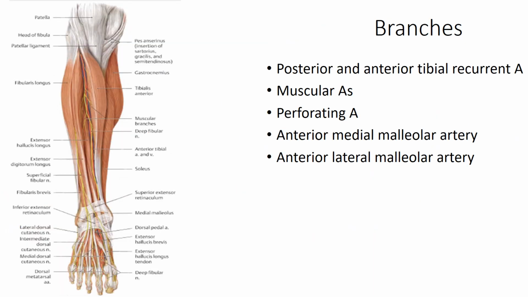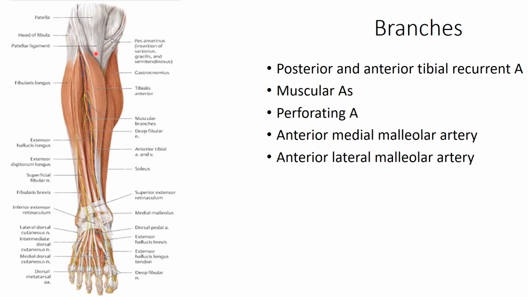Now the branches of this anterior tibial artery: it gives two sets of recurrent arteries, posterior and anterior. The posterior emerges before it enters the extensor compartment through the gap in the interosseous membrane, lying just anterior to the popliteus, and the anterior tibial recurrent branch is given off in the substance of tibialis anterior.